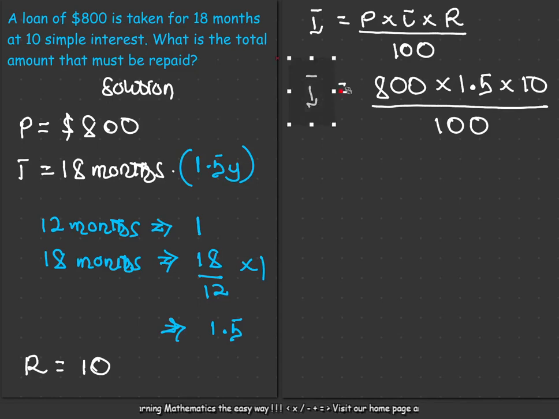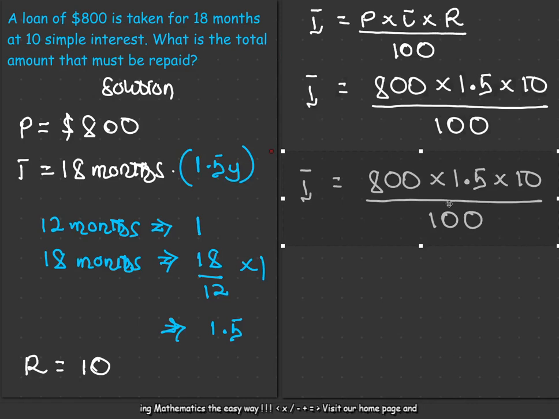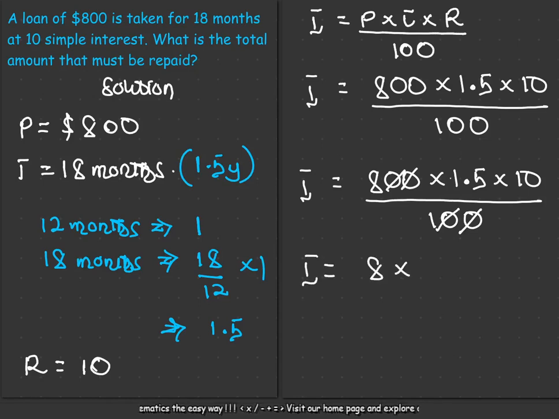So simplifying further, let me just copy this and paste that here. Simplifying further, these zeros here cancel out the zeros. So our interest now is 8 times, instead of 1.5, we can easily rewrite it as 15 over 10 times your 10, so that we can easily work.